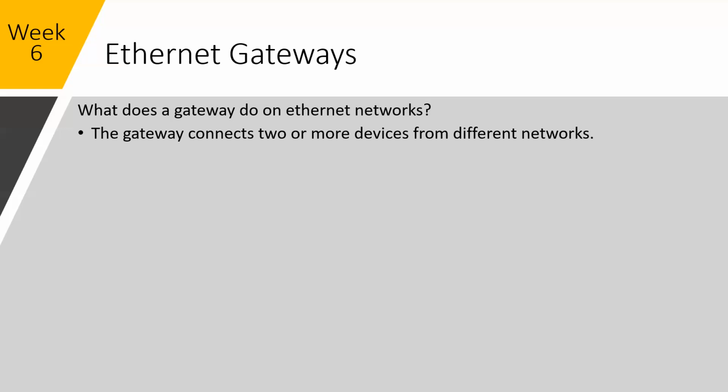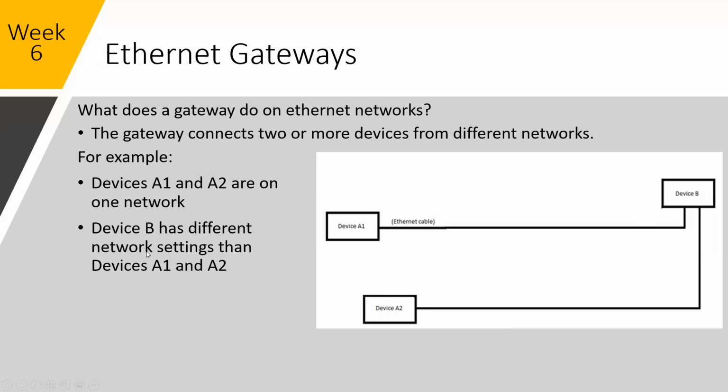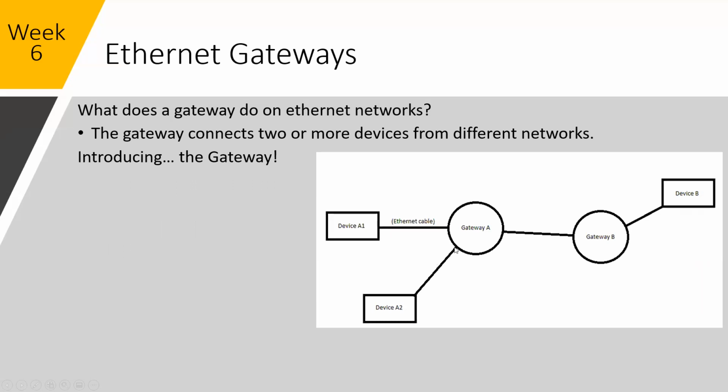For example, device A is an Ethernet cable connecting to device B, and then device A1 and then A2. Devices A1 and A2 are on one network, and device B has a different network setting than devices A1 and A2. These devices can't communicate unless you add in gateway routers.